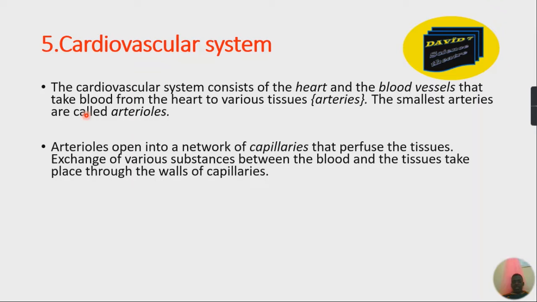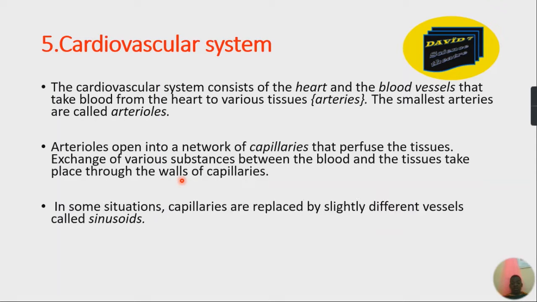And arterioles open into a network of capillaries that perfuse the tissues. Capillaries supply blood and nutrients to the tissues. And exchange of various substances between the blood and tissues takes place through the walls of the capillaries. They are leaky and permeable to these nutrients.